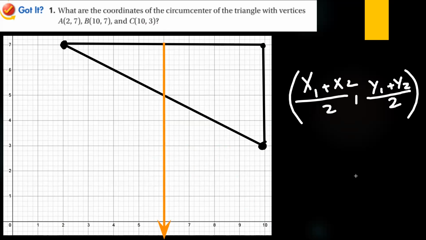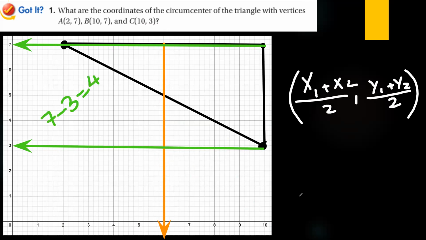Now I will do the same steps for the second side. This is the first one. This is the second one. So where are the points? They are at point 3 and 7. So I say 7 minus 3 is 4. Divide by 2 is 2.